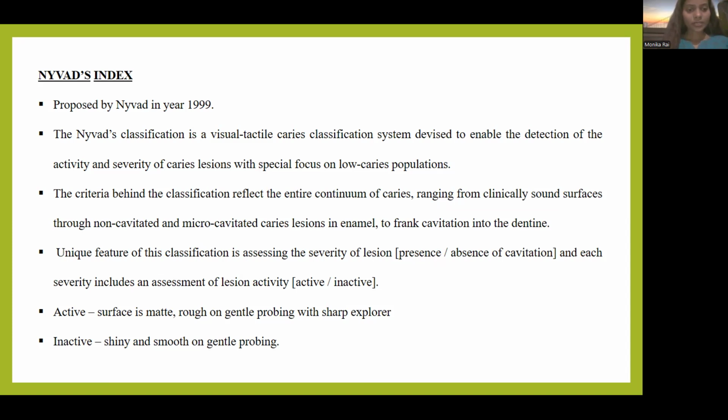Active may surface is matte, rough on gentle probing with sharp explorer. Inactive, shiny and smooth on gentle probing.